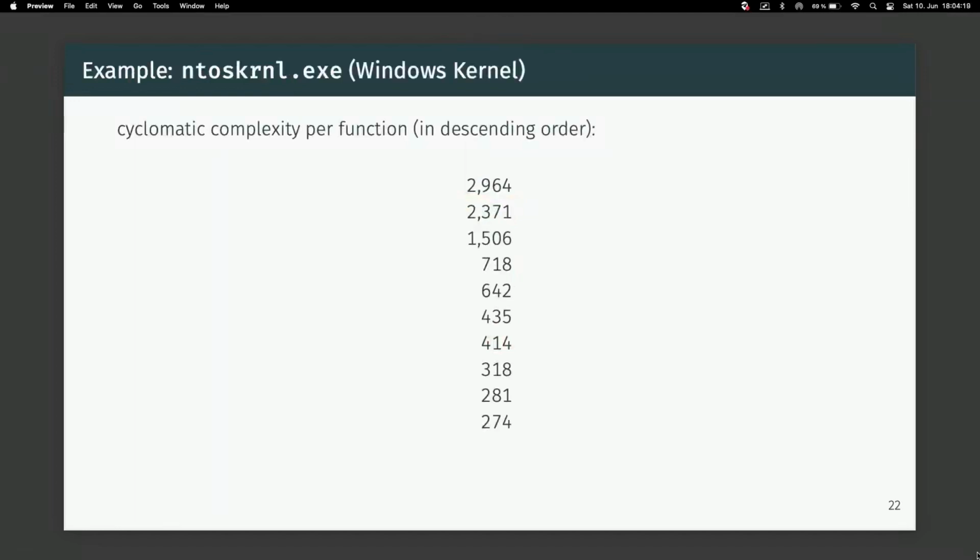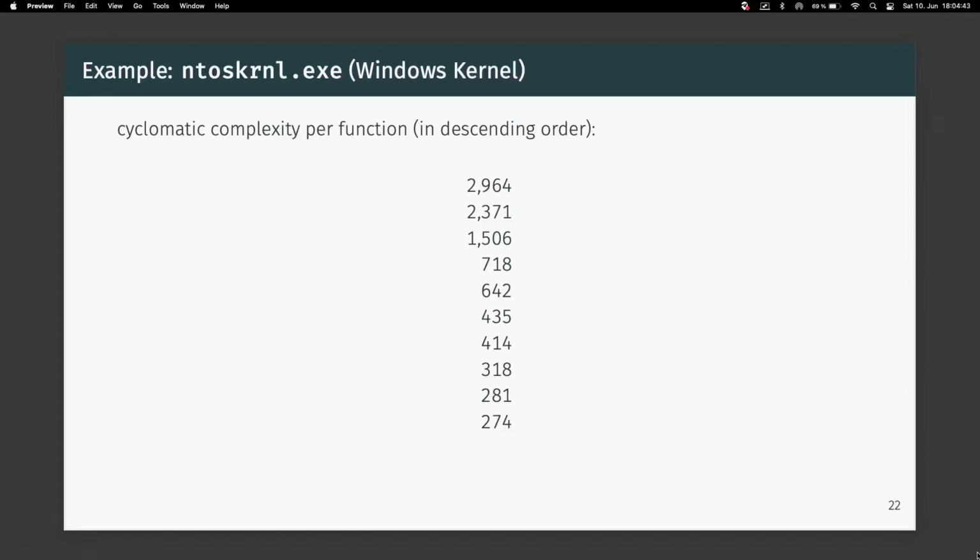Let us first have a look at the Windows kernel. If we look at the Windows kernel, we again see that we have quite some separation between the functions. We have 3 functions which are very complex, and then we start having just some hundreds instead of some thousands. That's basically the number of edges, more or less, in the graph.